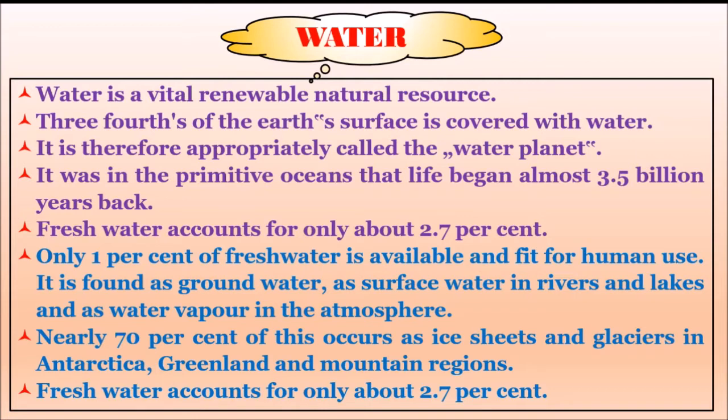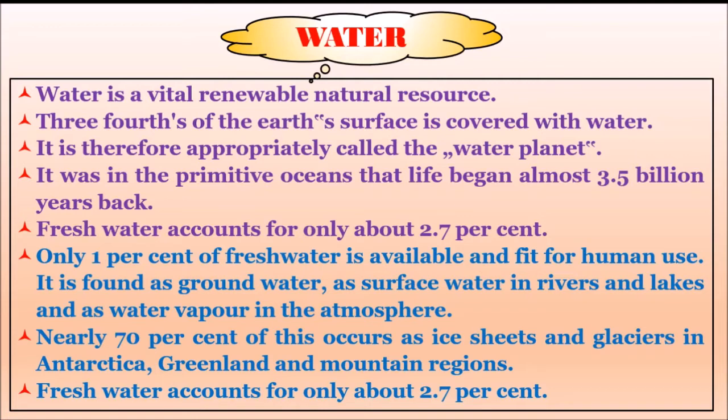Out of this, approximately 70% is available in the form of ice sheets and glaciers in Greenland, Antarctica and other mountain regions. These sources are inaccessible due to their location, and due to this, humans can use only 1% of available fresh water.